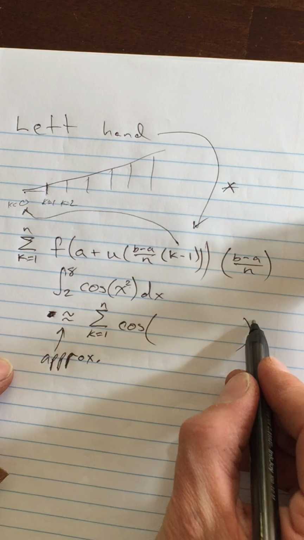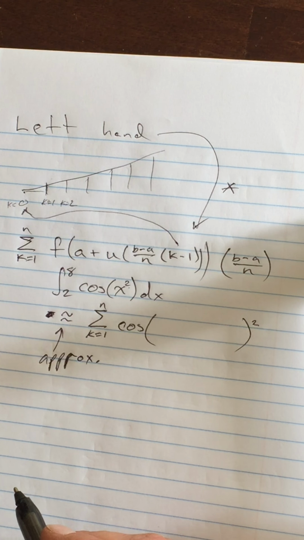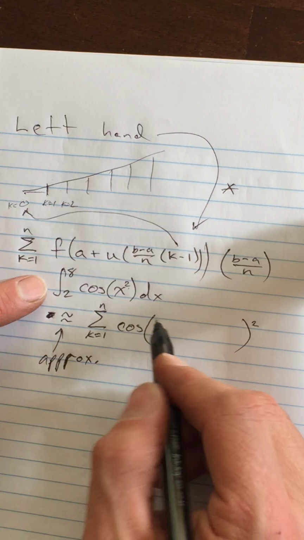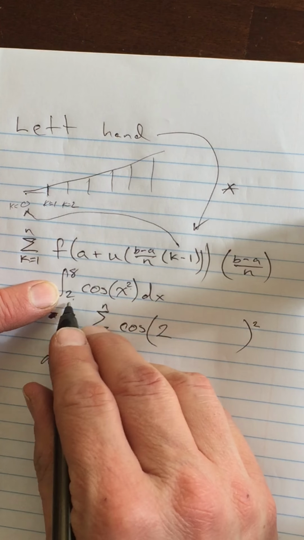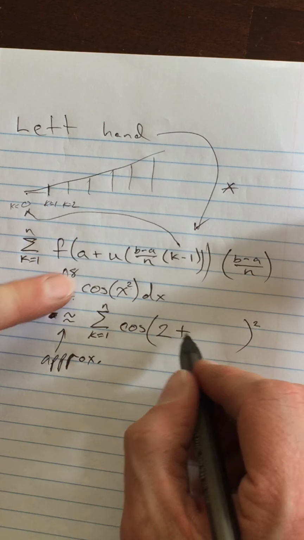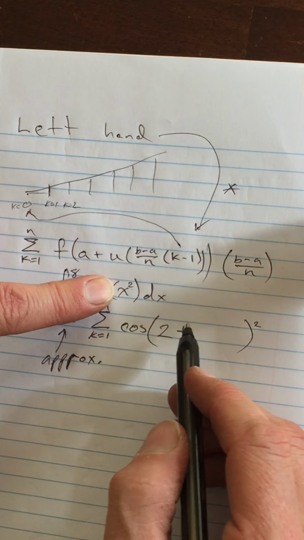Then we start at 2, because that's our a, so it's a plus, and a is 2, so 2 plus the x.